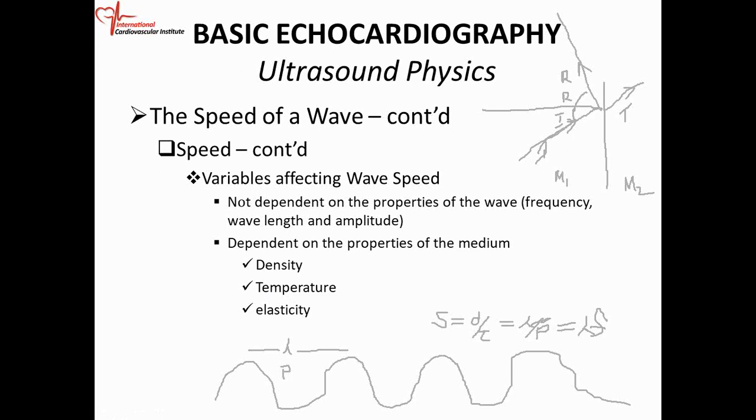If you know the density of the different media, you can have an idea of how fast the sound wave is traveling. But the general concept is that when a sound wave hits a medium of higher density, it slows down. When it hits a medium of less density, it speeds up. Okay? And the greater the elasticity, the greater the speed of the wave.